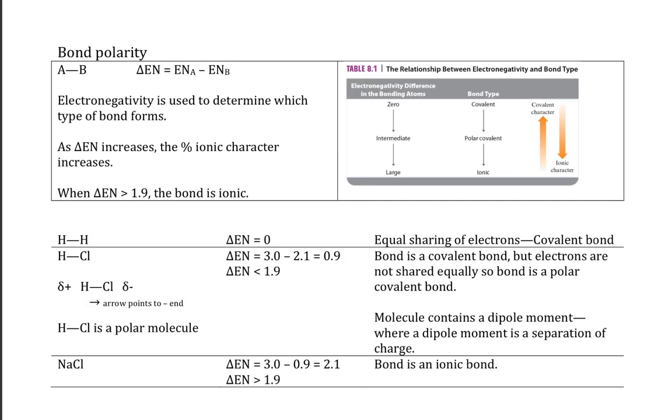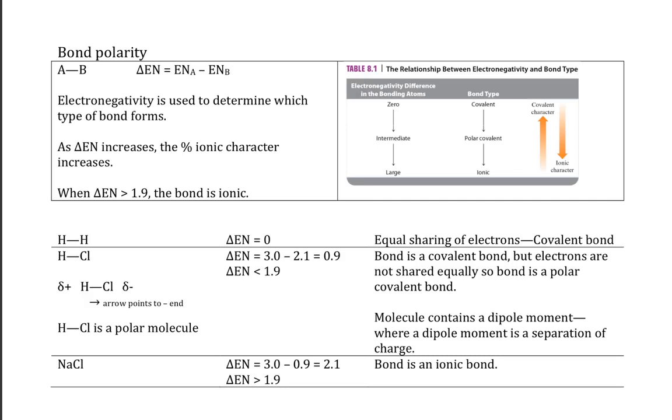And we will end up with an anion and then a cation, and the compound would be an ionic compound, and the attraction would be the ionic bond. So as delta EN increases, the percent ionic character increases.